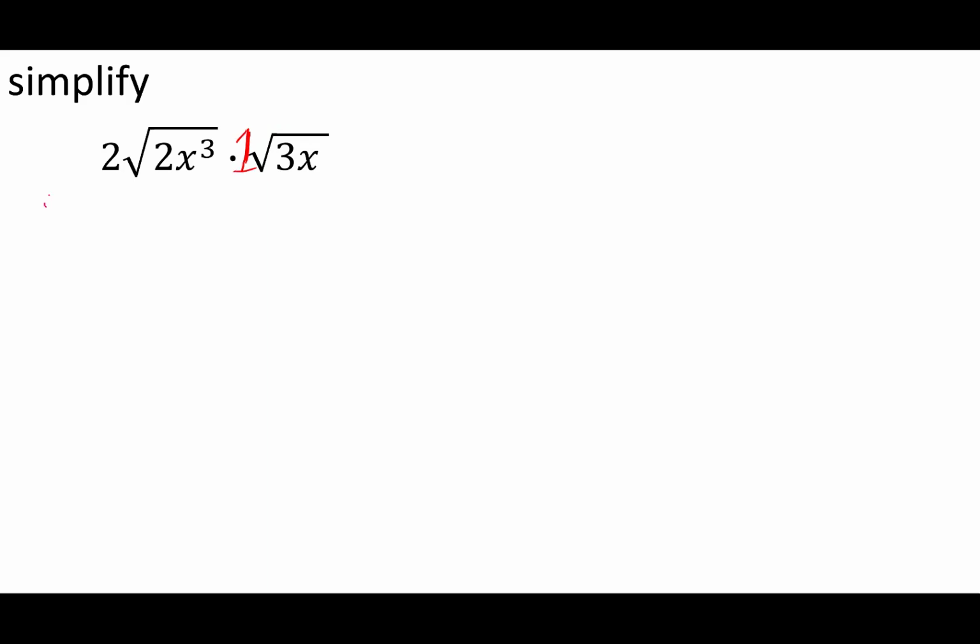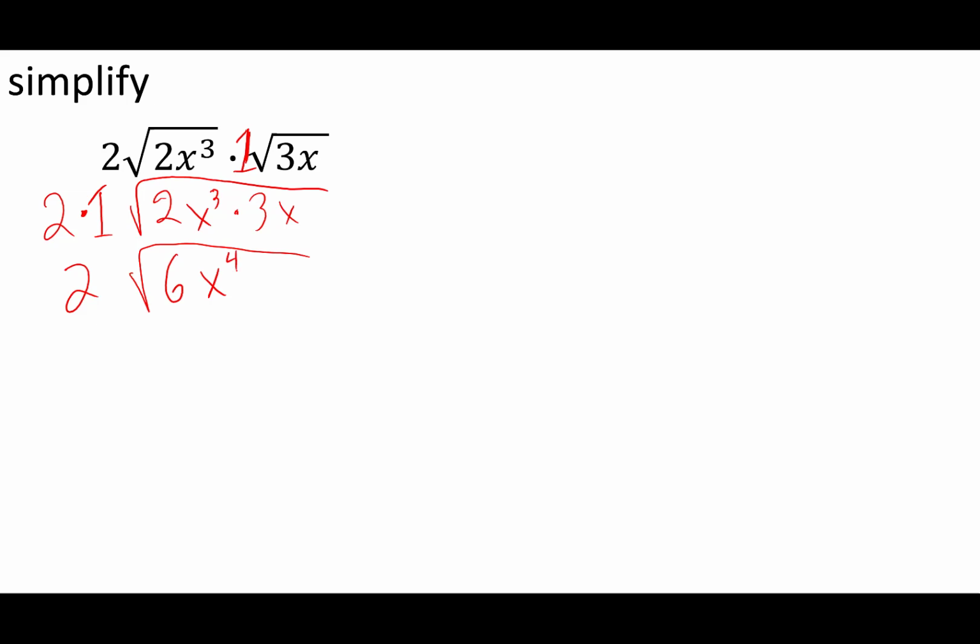So I'm going to take 2 times 1, and multiply what's under the radical together, 2x to the third times 3x. 2 times 1 is just 2, and 2x to the third times 3x is 6x to the fourth.